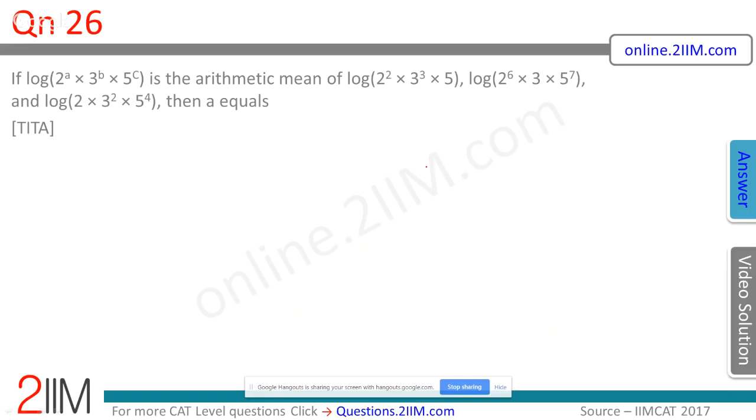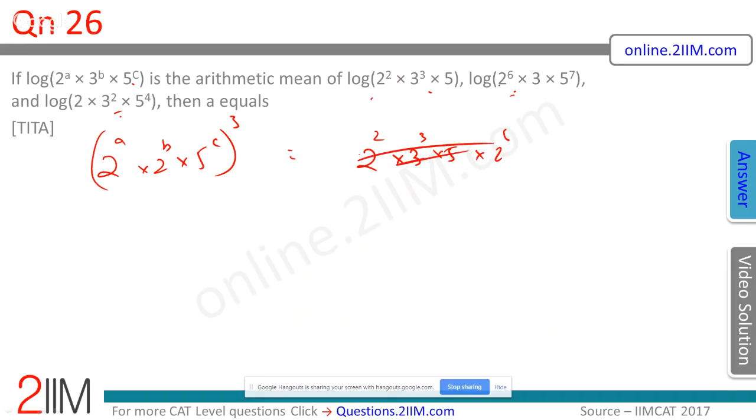Log of 2 power a into 3 power b into 5 power c is the arithmetic mean of log of 2 square into 2 cube into 5 into 5. And a equals, arithmetic mean of these three numbers is this number. So this is log of this plus log of this plus log of this by 3, or 2 power a into 2 power b into 5 power c, the whole cube, equals 2 square into 3 cube into 5 into 2 power 6, multiplying all of this.